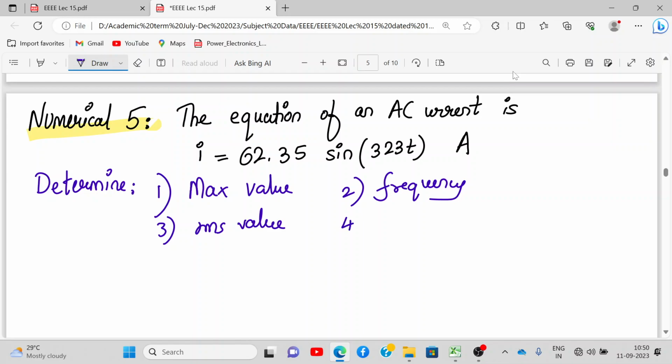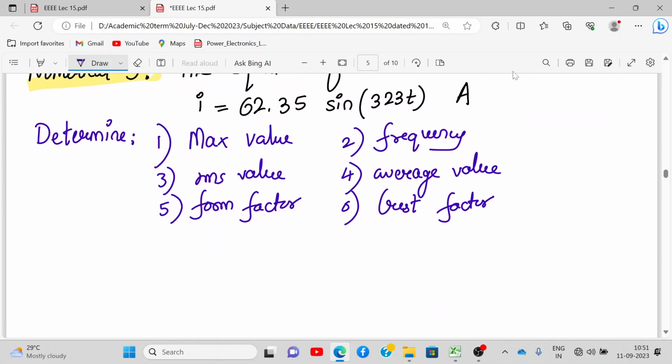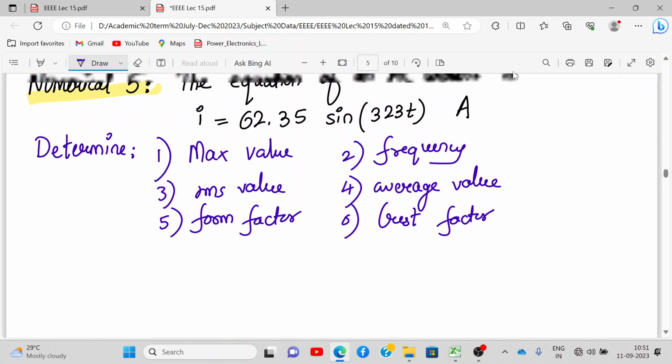Please note down, it's an important numerical. Next, the average value; next, the form factor; next, the crest factor. This form factor and crest factor we are hearing for the first time right now. So this numerical is important.